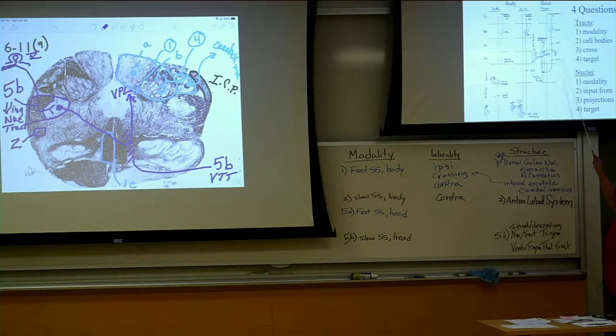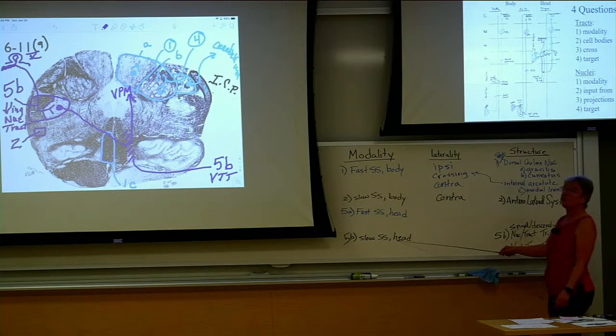And what is the target of this axon? The target of this axon is going to be ventroposteromedial nucleus. That was a mistake. This does not go to VPL. This goes to VPM because this is the information for the head.